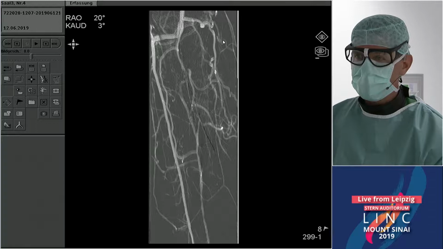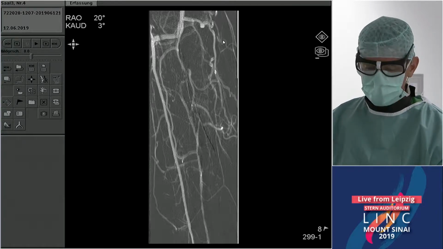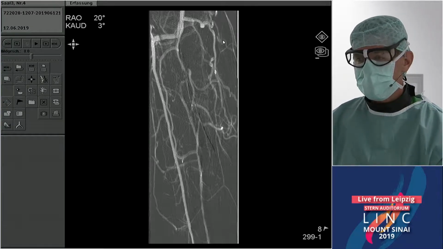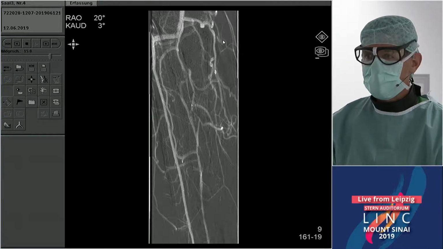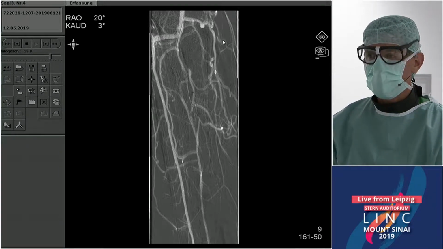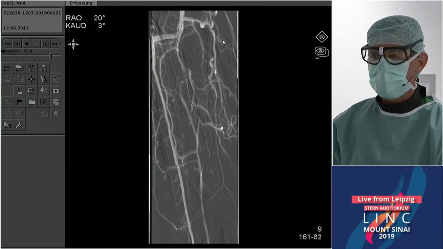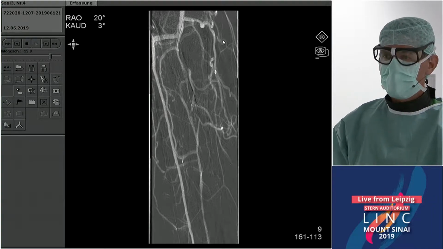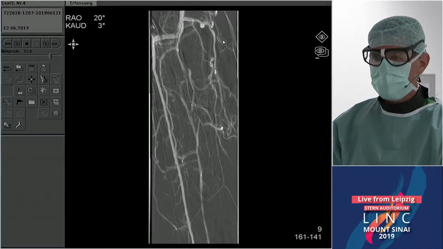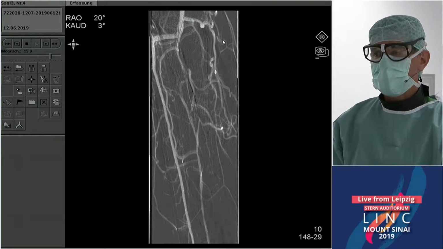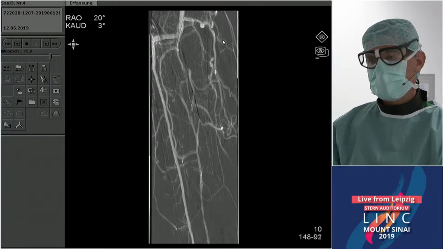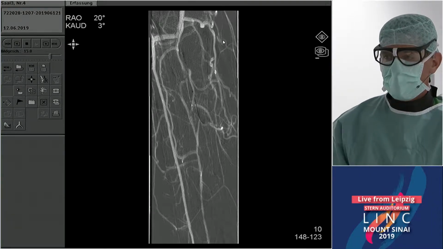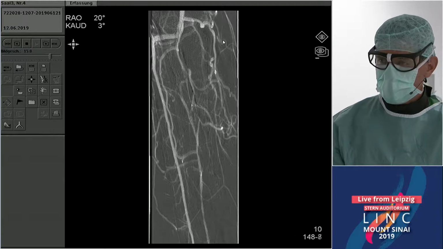No, okay. This looked promising, but at the end, it was also stuck, and finally the wire always went into one of the collaterals, not even into the peroneal artery. So we punctured already here now. Also here just collaterals, but not really something to help us.